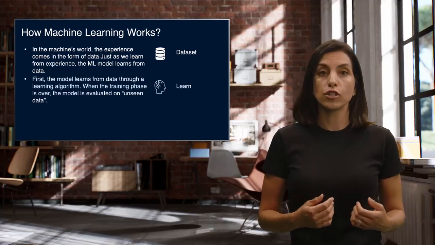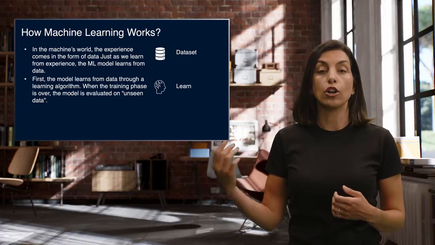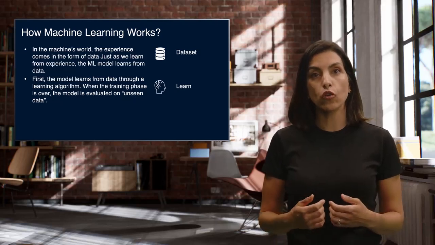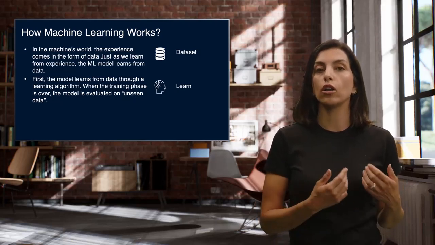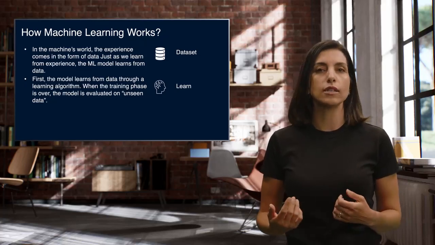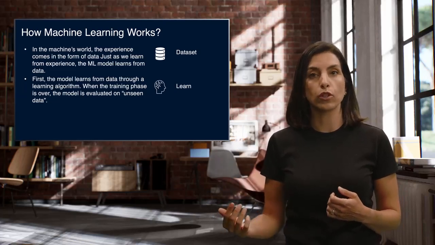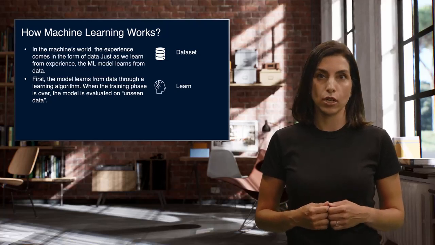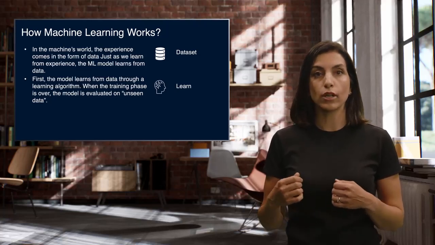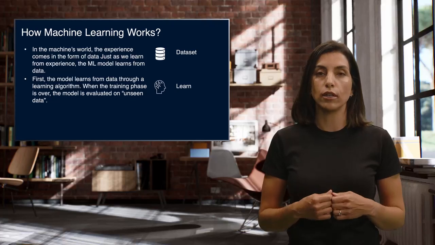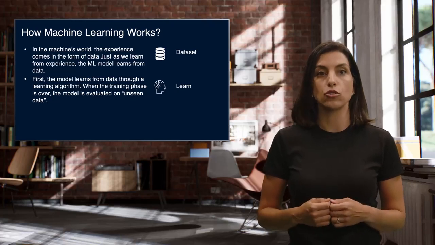First, the model learns from data through a learning algorithm. When the training phase is over, the model is evaluated on unseen data. Unseen data is part of the data set that is not shown to the computer during the training session. This is to ensure that the machine learning model did not cheat by memorizing the training data rather than extracting general rules.